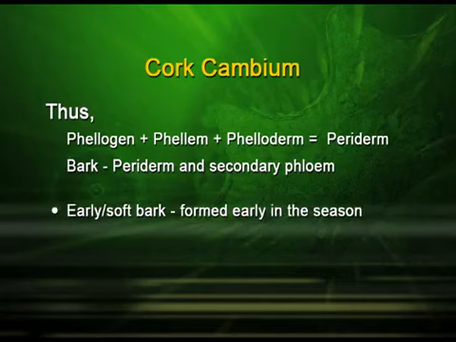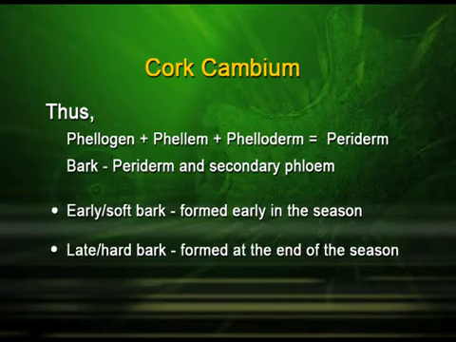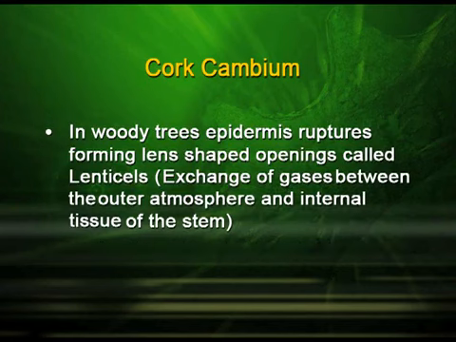The bark may be early or soft bark, which is formed early in the season. It may be late or hard bark when it is formed at the end of the season. In woody trees, the epidermis ruptures, forming lens shaped openings called lenticels, which are responsible for the exchange of gases between the outer atmosphere and the internal tissue of the stem.